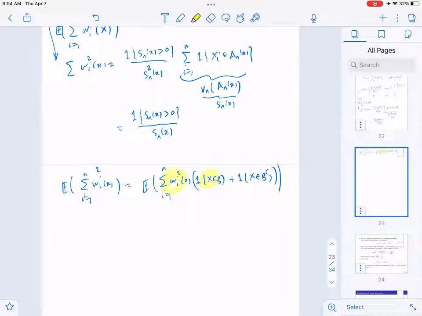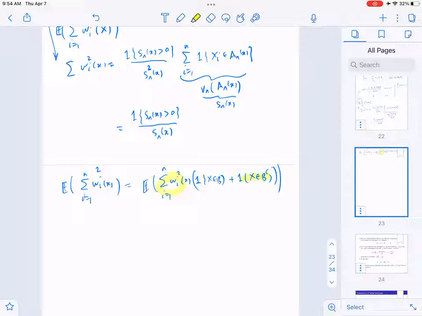over this part, I'm going to bound things properly. Over this part, I'm just going to bound this by 1. Okay. So if I bound this by 1 over this, expectation goes in. Applied to the indicator, I get the probability.